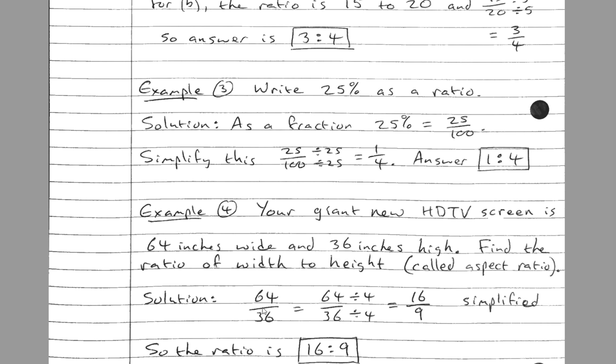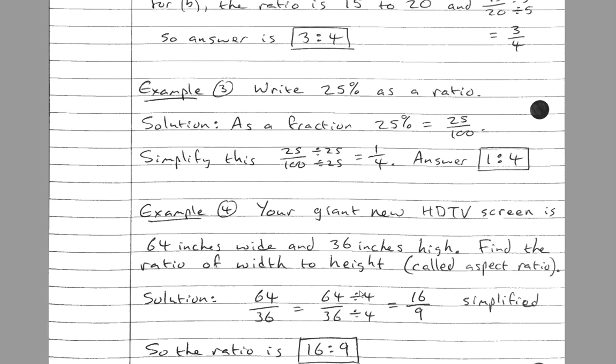Okay, so we can make this a fraction. It's really 64 inches over 36 inches. But when you make a ratio of measurements like this, the units cancel, so you just get a pure number. And we can simplify this fraction.